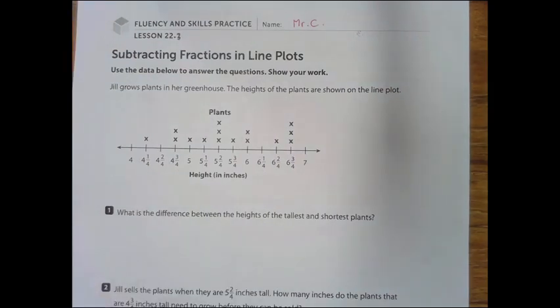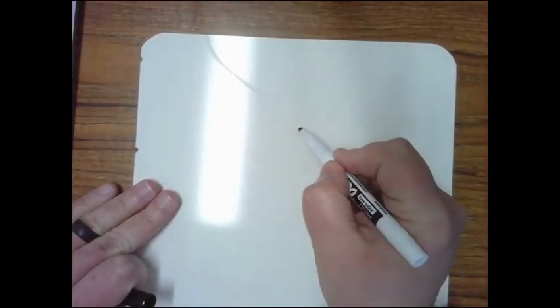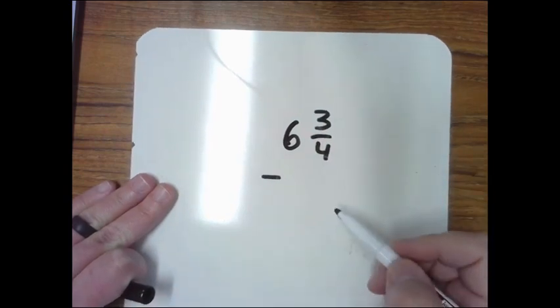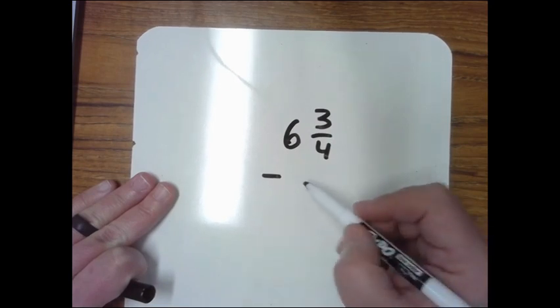I'm going to take my whiteboard here, because with subtraction I need a little bit more space. Okay, so again, we're going 6 3/4, and I stack these like I would a traditional subtraction problem with whole numbers.